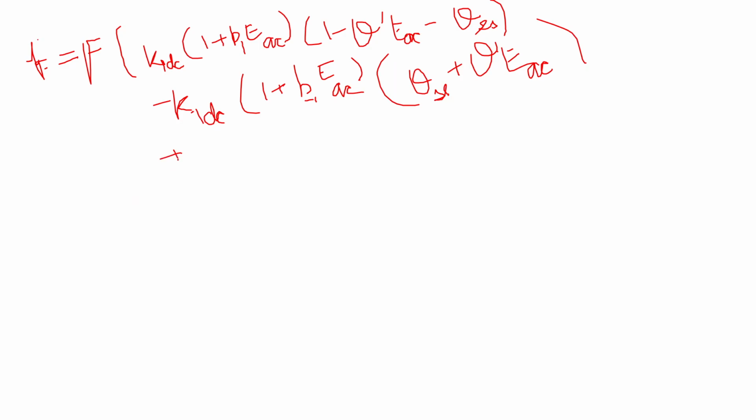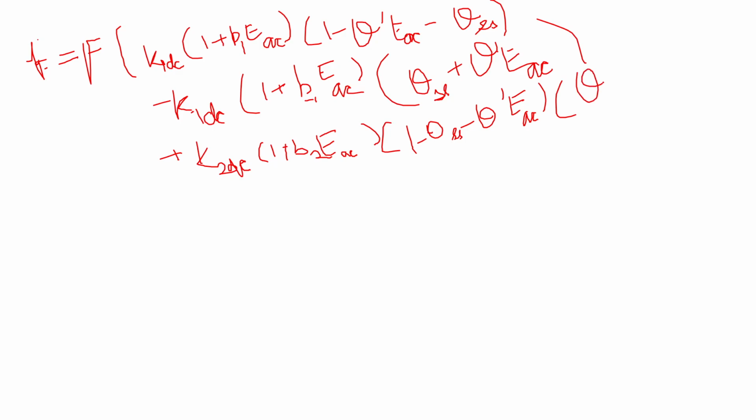Last term, I am expanding K2 DC plus B2 (1 minus θ SS minus θ dash EAC) into θ, which will be written as θ SS plus θ dash EAC.